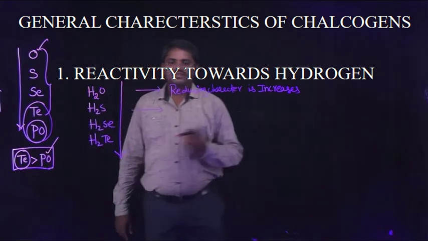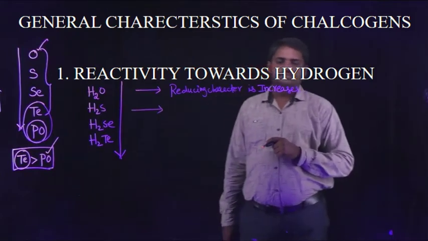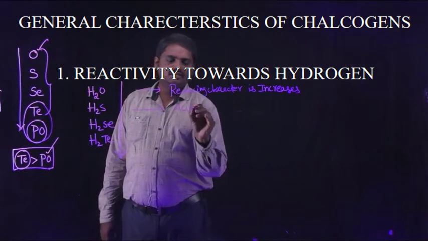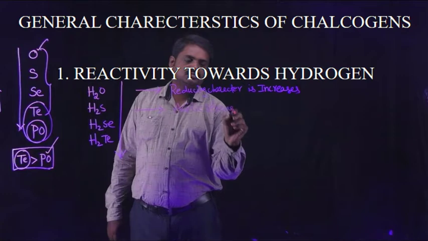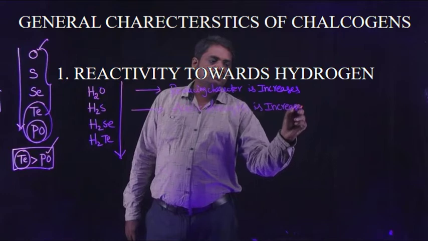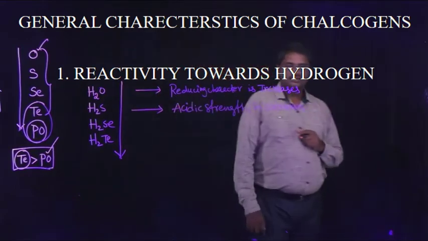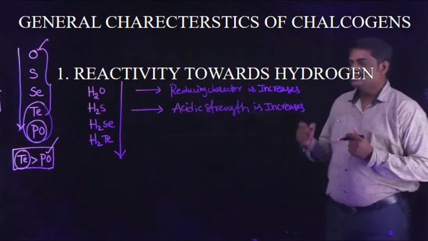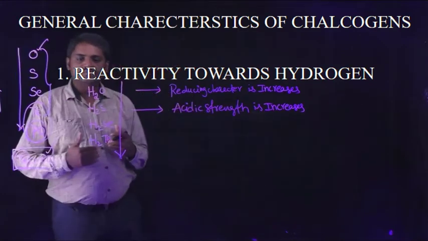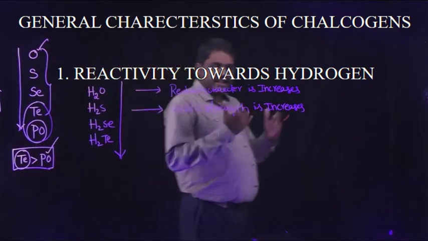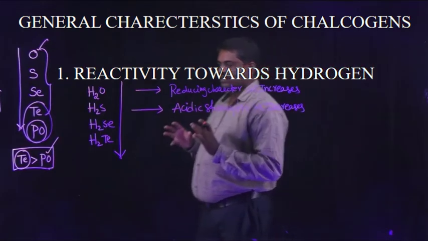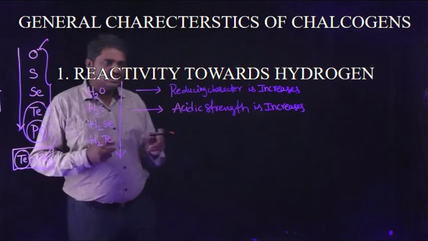And next, acidic strength also increases on moving down the group, due to Ka values increasing on moving down the group. These molecules' Ka values increase. So that is one of the important points. What is the reason?